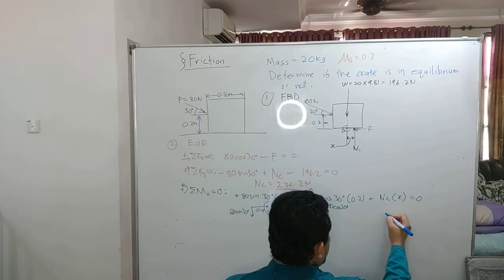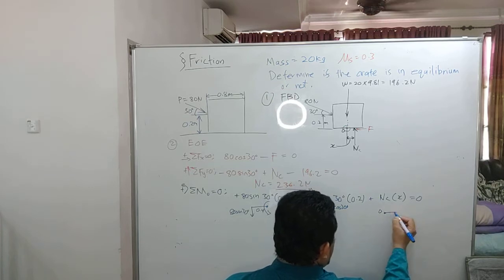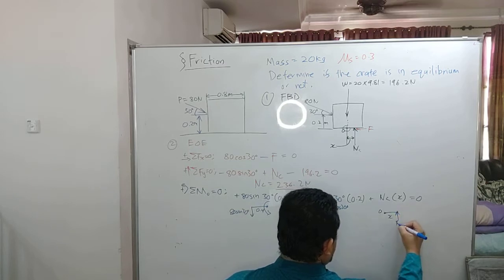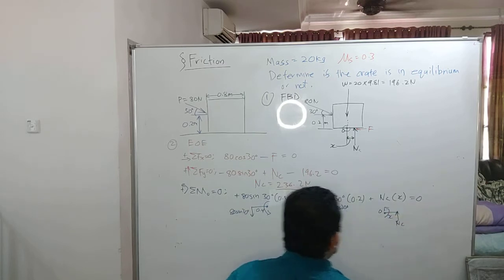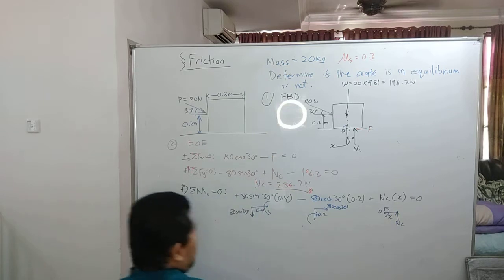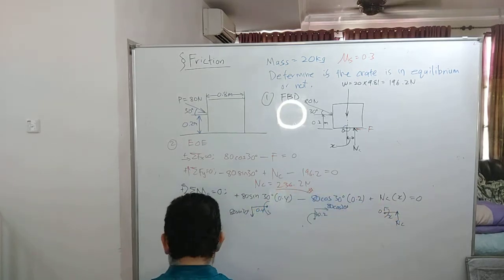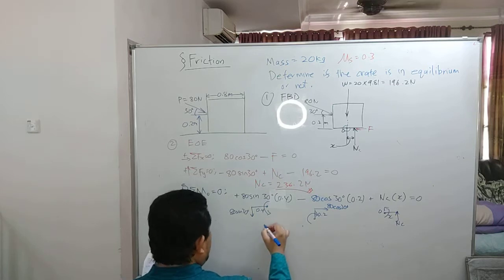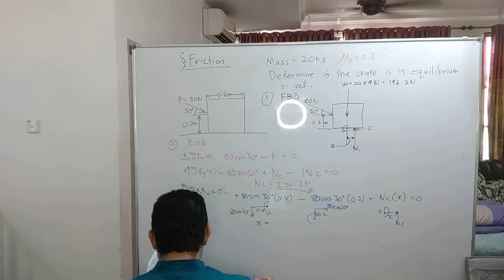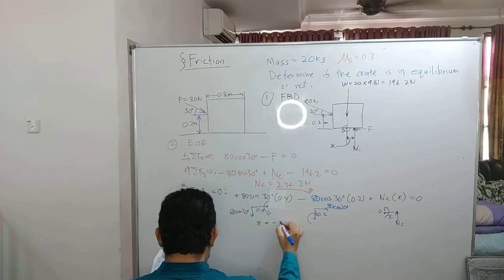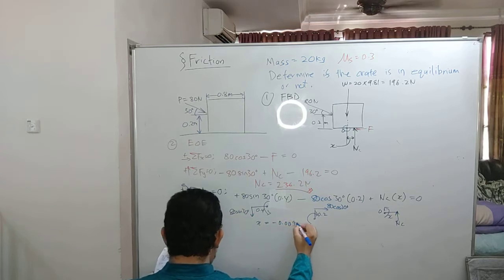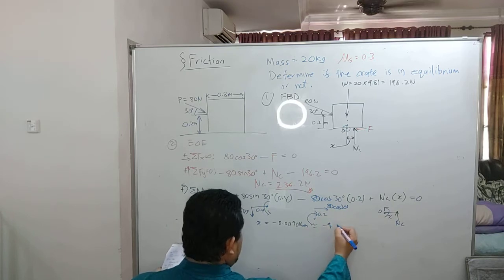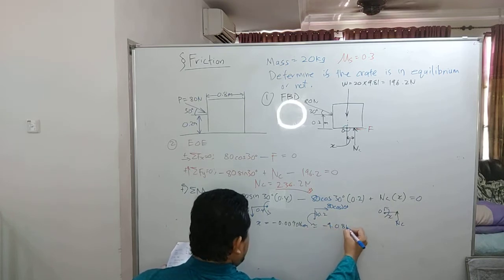This one is counterclockwise, so it is positive. So you insert the value of NC into here. Then you should get the X value, which is X equivalent to minus 0.00908 meter, which is approximately minus 9.08 millimeter.